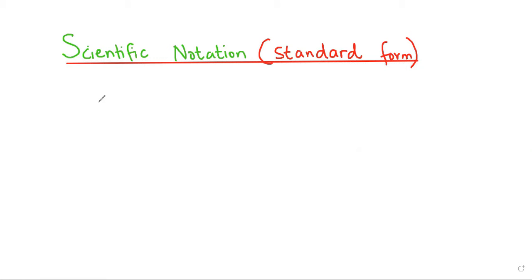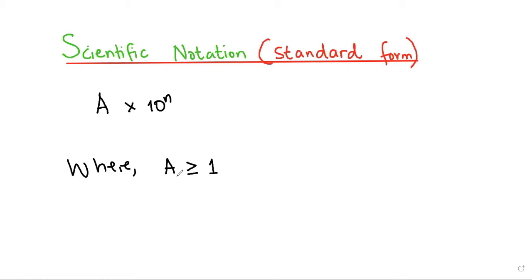To write a number in scientific notation, it must be in a way that A times 10 to the power of n, where A is more than or equal to 1.